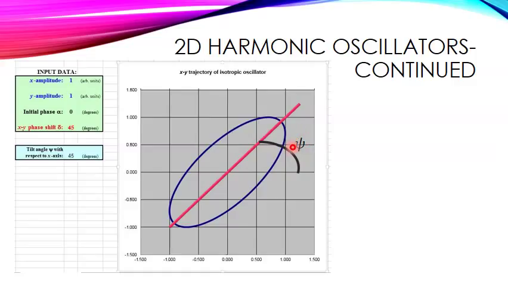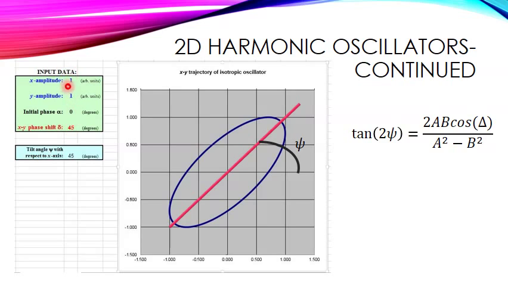And if you solve for this using some geometry, you get this expression. So this angle is predicted by the values of our amplitudes A and B and the difference in the phase angle. In this case, our difference is 45 degrees.